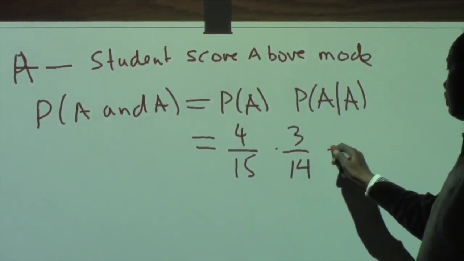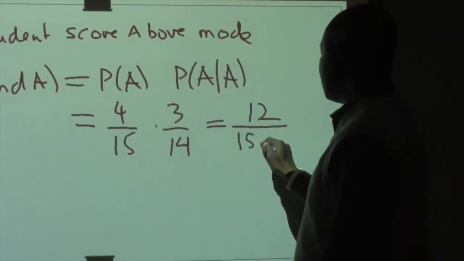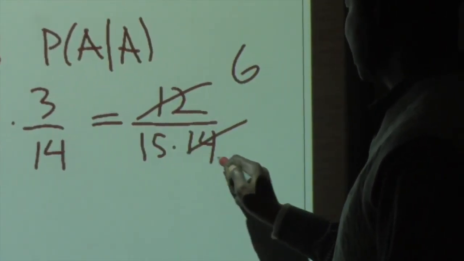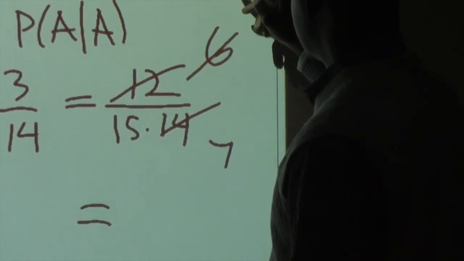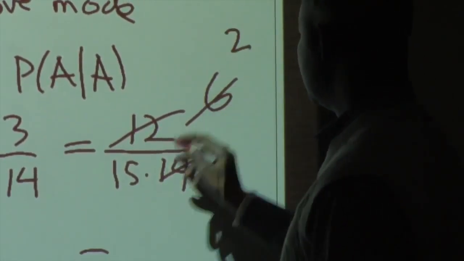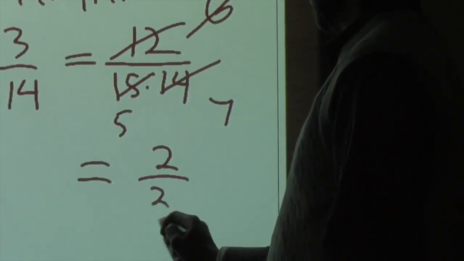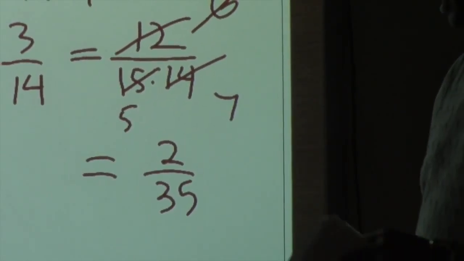So 3 times 4 is 12. You're going to have 12 over 15 times 14. Divide here by 2, you have 6. Divide here by 2, you have 7. Divide by 3, you have 2. Divide by 3, you have 5. So our answer will be 2 over 35. And I think that's it.